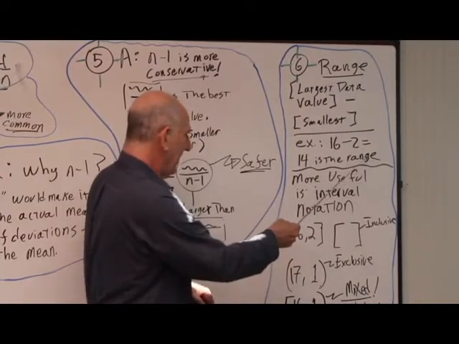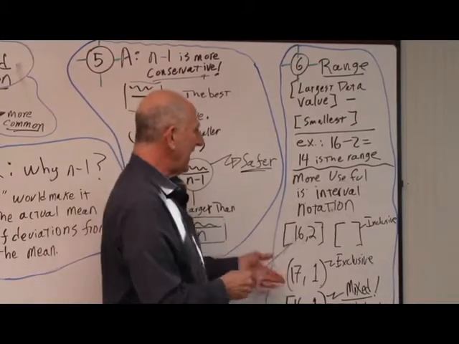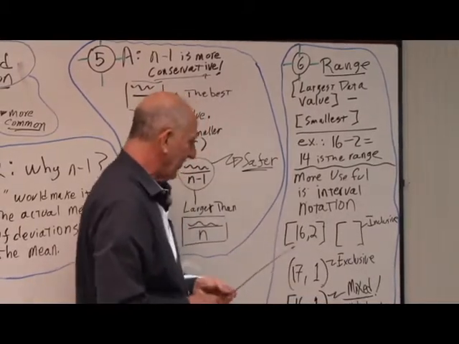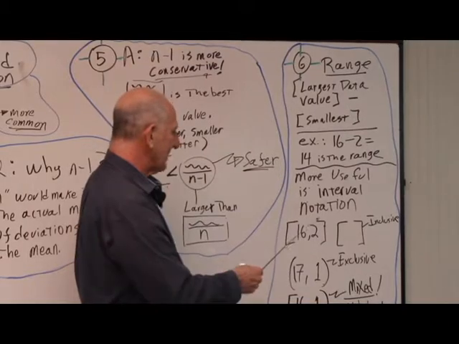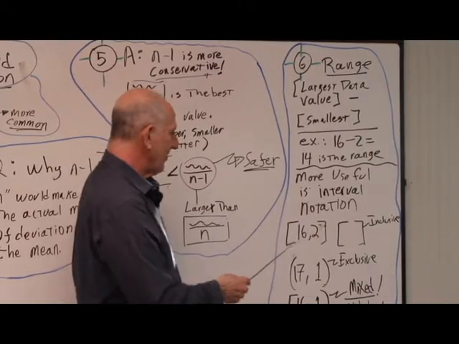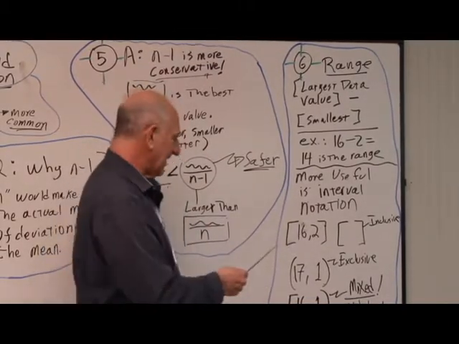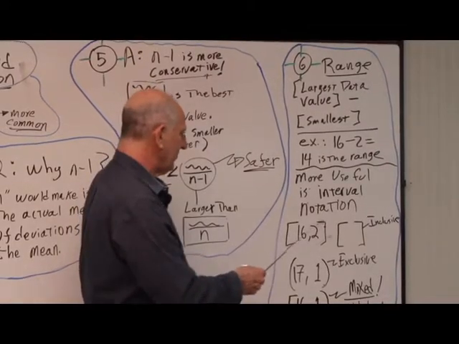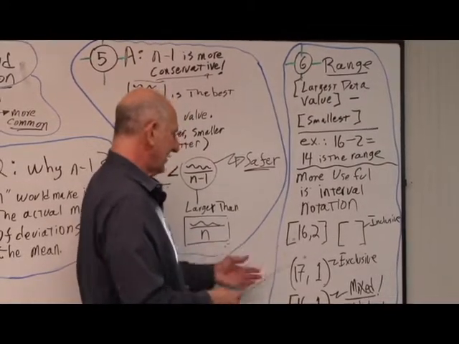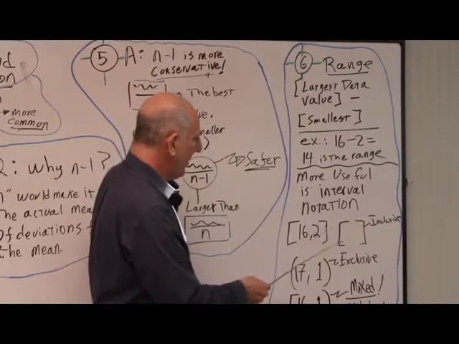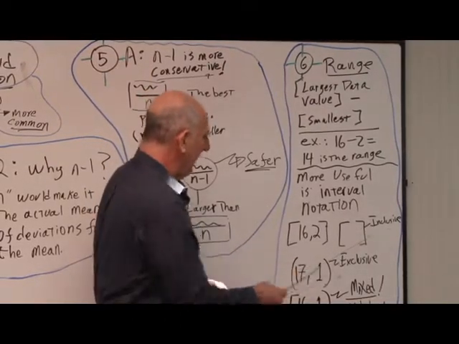Okay, but more useful than that is the interval notation approach, which uses square brackets to express the largest and the smallest data points. So that's square bracket 16 comma 2 closing the square bracket, or just 16 comma 2. And when you use square brackets, it means inclusive of the numbers.